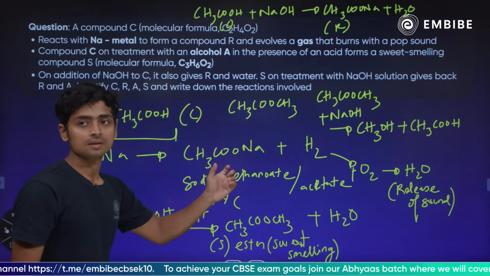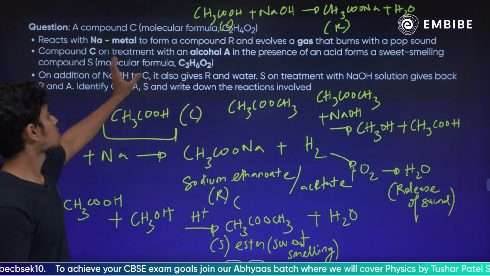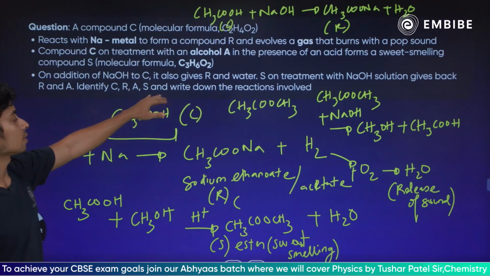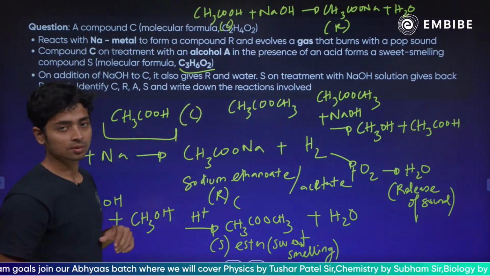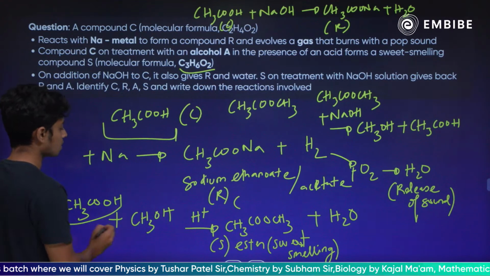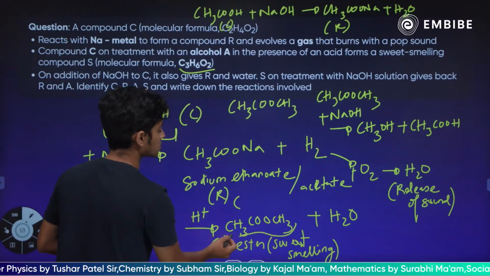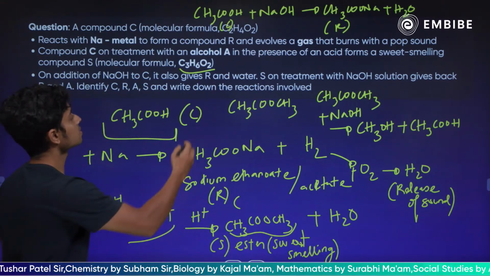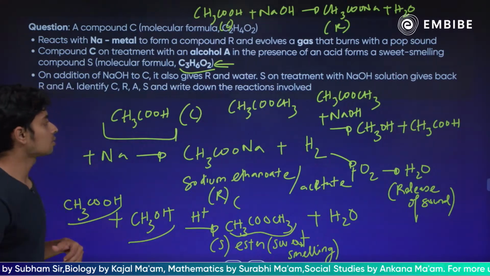The trick is here, C3H6O2. When you react the acid, acetic acid CH3COOH, with methanol, only then will you get this ester CH3COOCH3. That ester formula is C3H6O2. From this you get the clue about which alcohol you have to use.